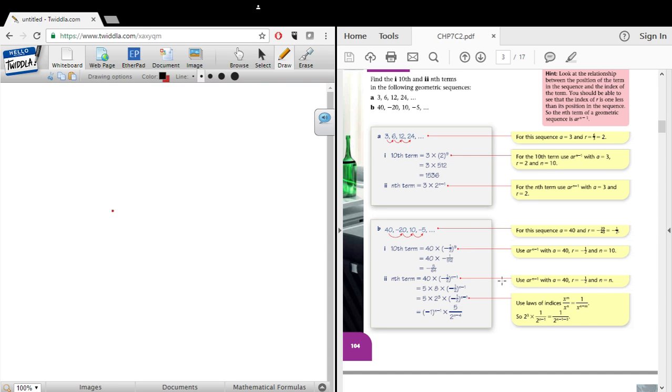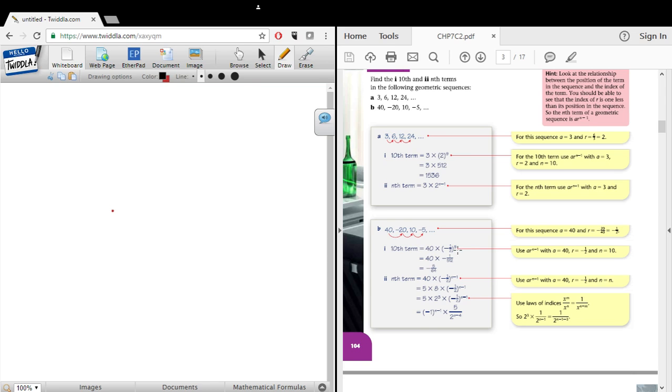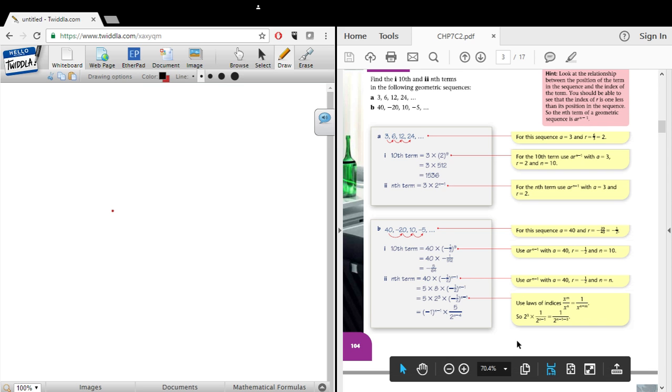If we want to find the nth term, recall again that we're going to have the following: we already have 40, which is the first term, and our ratio minus a half is to the power of n minus 1, to offset the fact that we already have the first term here.